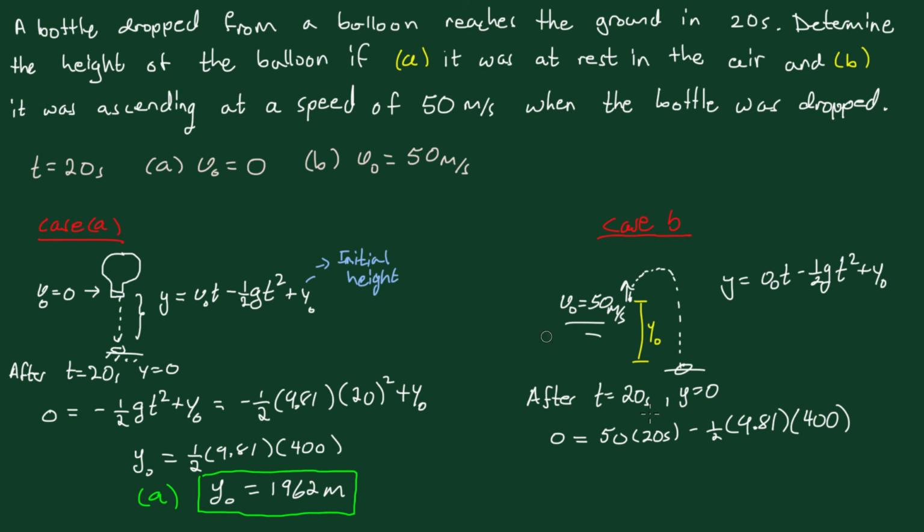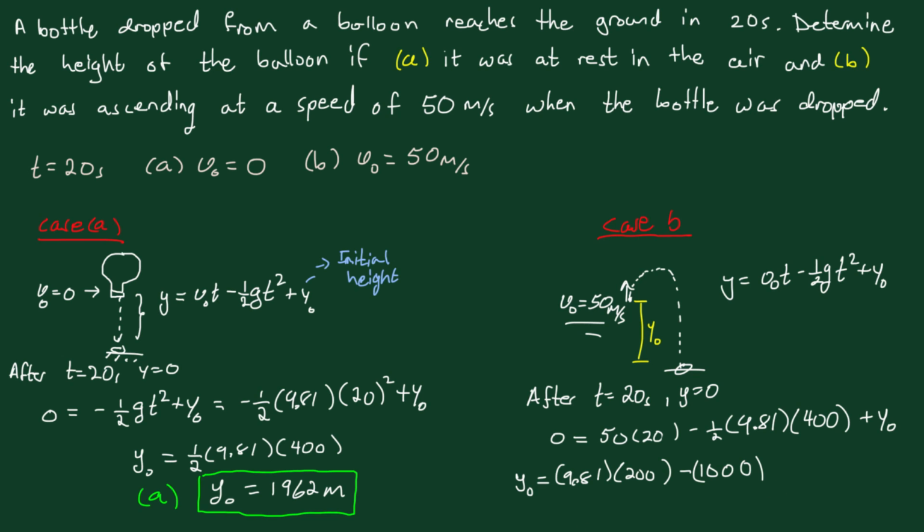I'll put in the units after we've calculated the numbers. So 50 times 20 minus 1/2 times 9.81 times 400 plus y0, which means y0 is going to be equal to 9.81 multiplied by half of 400, that's just 200, minus 50 times 20, that's just 1,000.